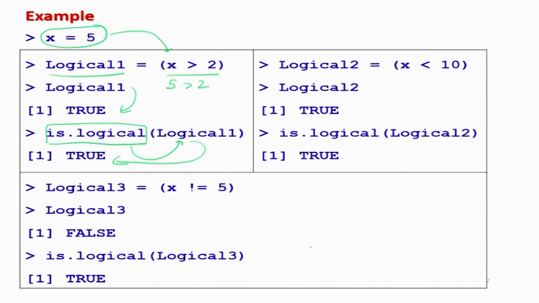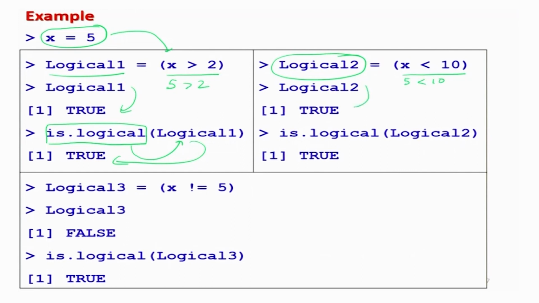And similarly, if you take another operation, which is smaller than, I take the variable x smaller than 10, and I assign its outcome to another logical variable, logical2. So, x here is 5 and 5 is less than 10. So, this is true.